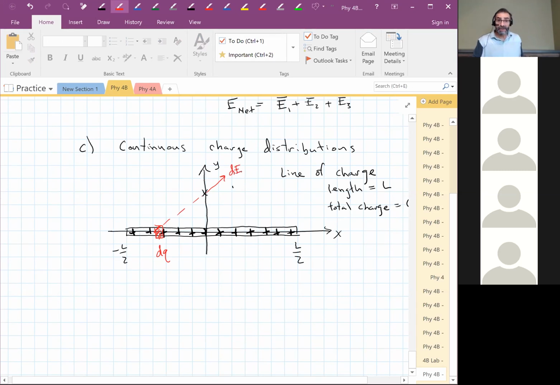That dq creates some little tiny amount of electric field at our point of interest. I'm going to call that dE. And then I'm going to add up all the dEs from all the dqs and get my total electric field at that location. So what is dE equal to?